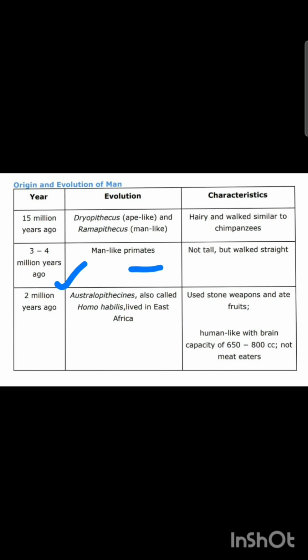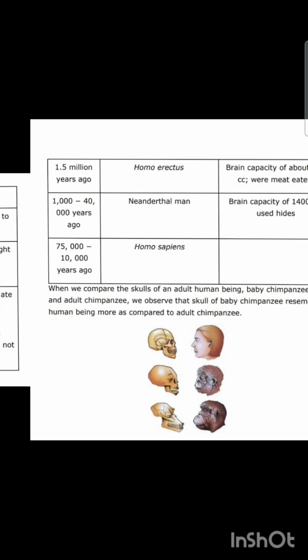They were not so tall but walked straight. Then 2 million years ago, Australopithecines, also called Homo habilis, lived in East Africa. They used stone weapons and ate fruit. They were human-like and had a brain capacity of 650 to 800 cc, and were not meat eaters.